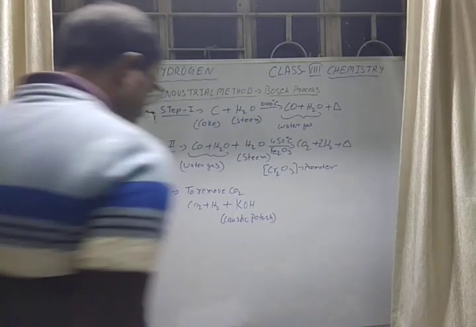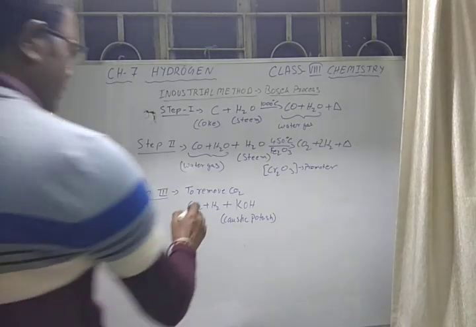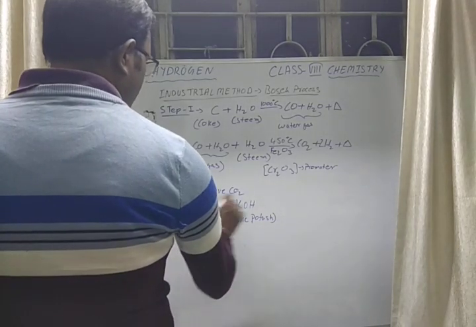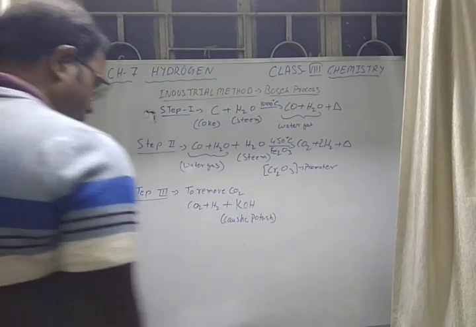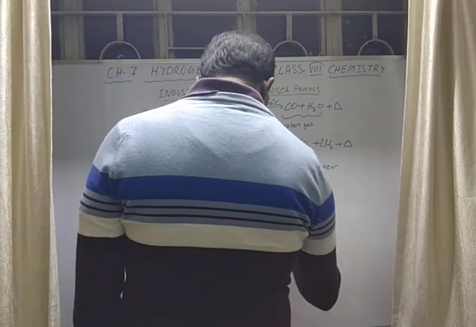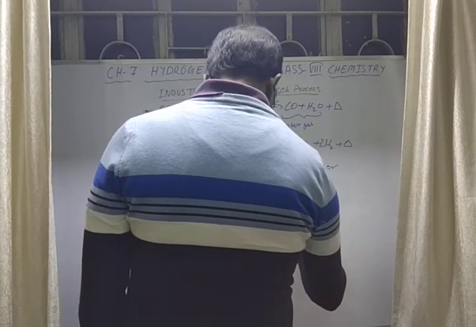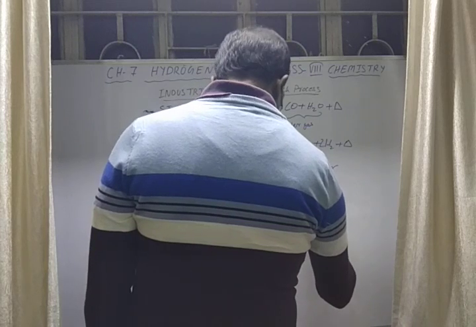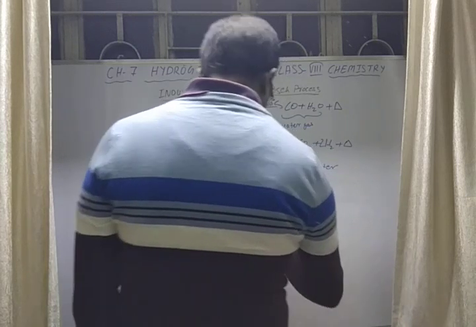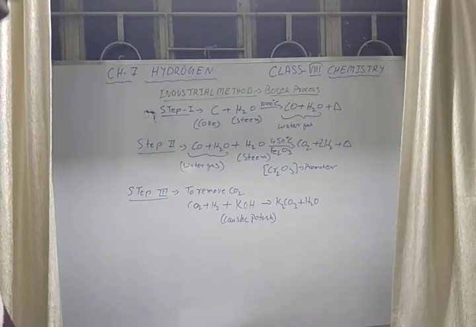So when you mix this caustic potash, the carbon dioxide will combine with caustic potash, and we will get a compound here, that is potassium carbonate, K2CO3 plus water, and hydrogen gas is released. Okay, hydrogen gas is released.